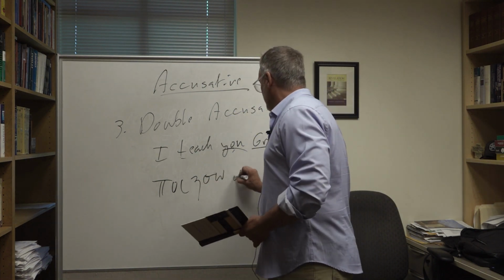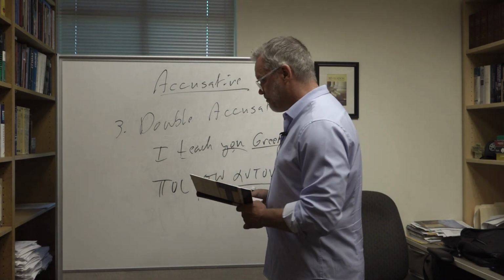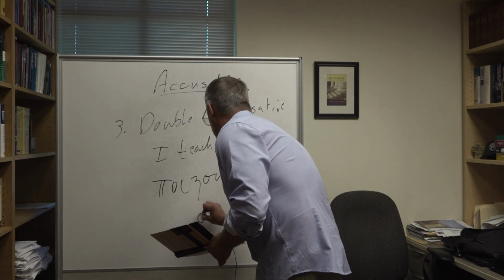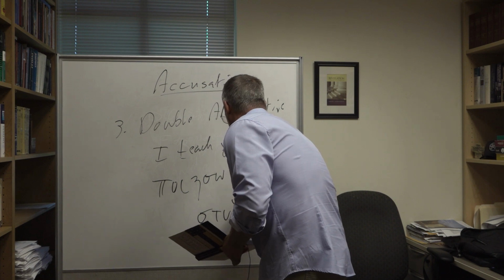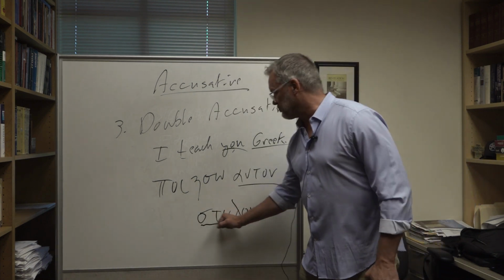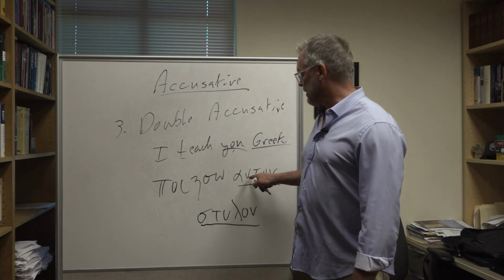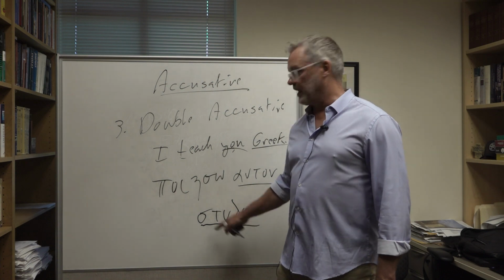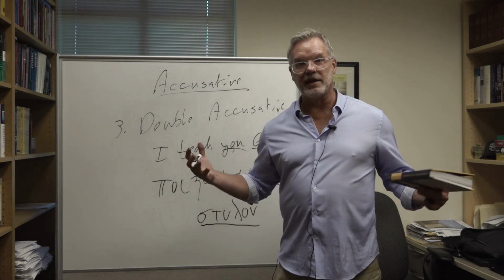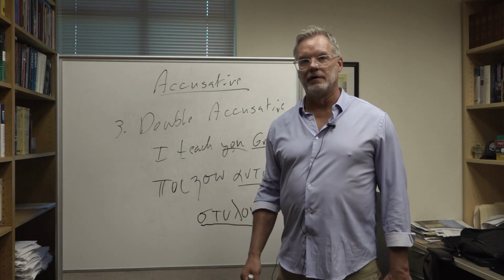"I will make him," auton, or her, "a pillar," stulon. Notice you have two direct objects, two nouns in the accusative. One is of the person and one is the thing. I will make him or her what? I will make him or her a pillar.